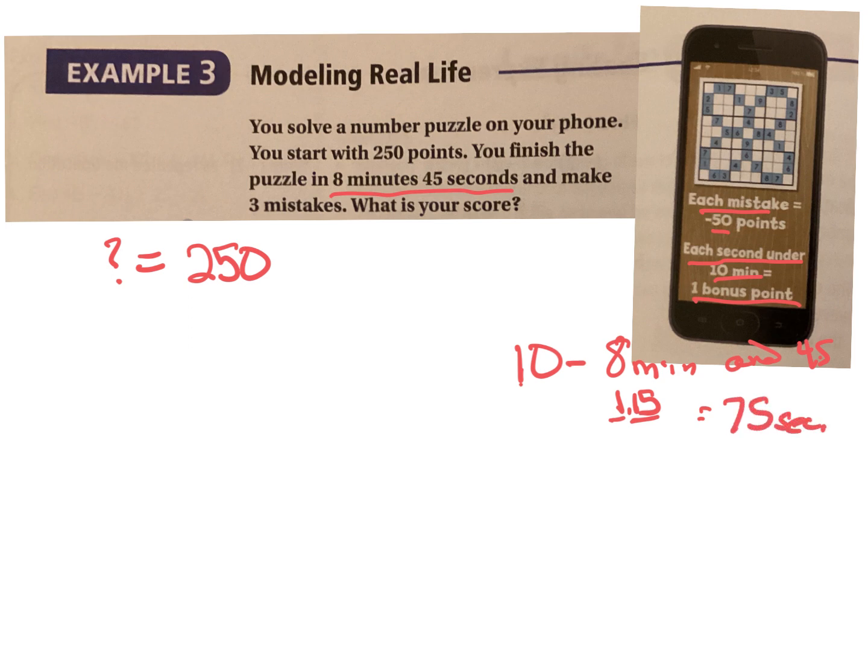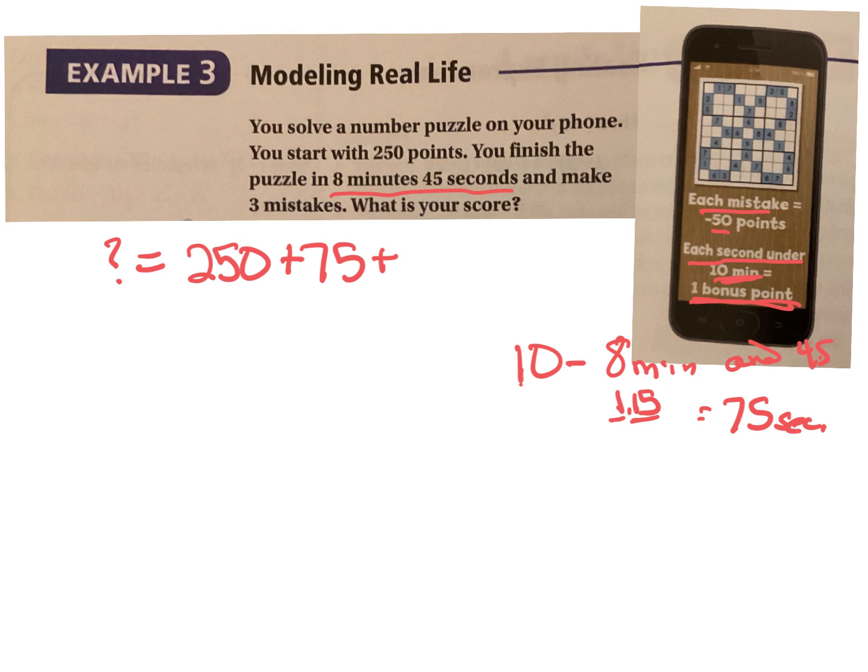Now let's read this again. Each second under 10 minutes is a bonus point. So that's 75 seconds under 10 minutes. So now we're going to add 75 points to our beginning score. But we do make 3 mistakes, so we're going to have to take away the mistakes.